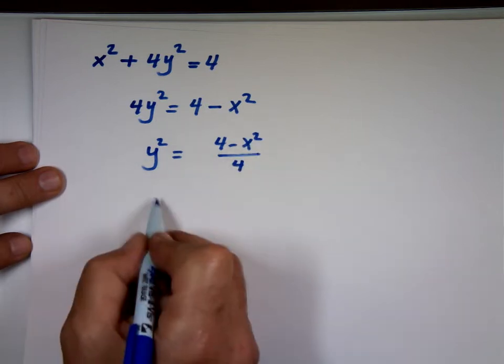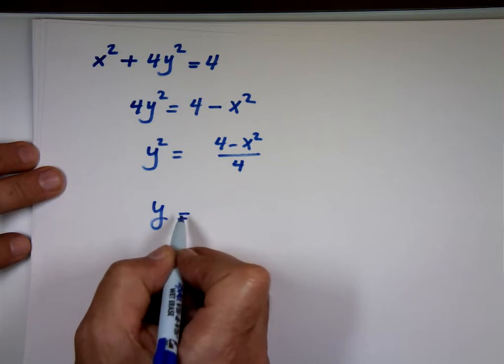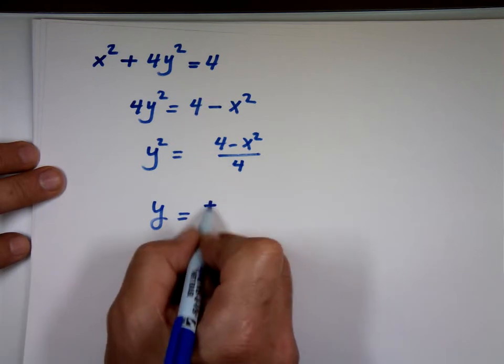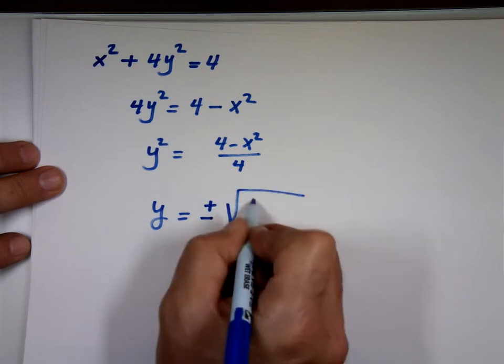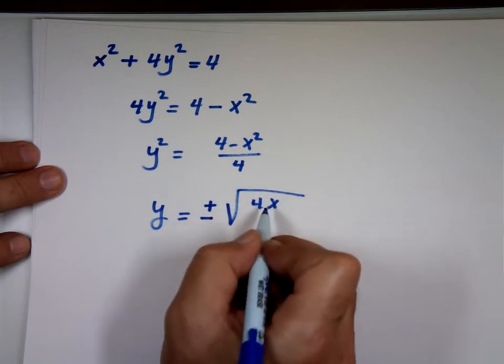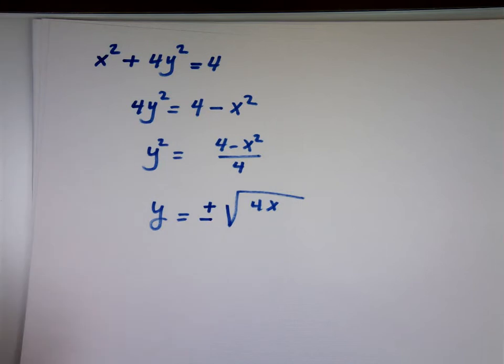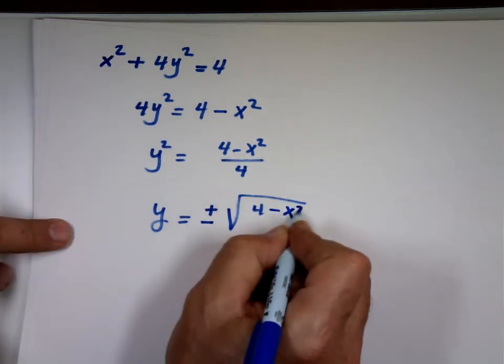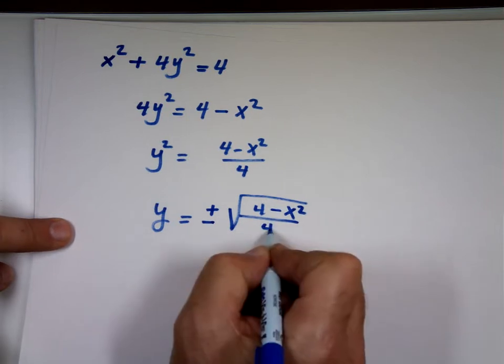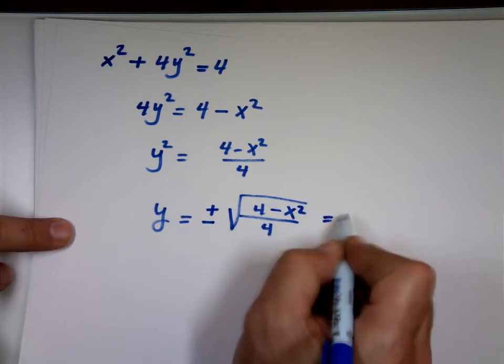And to solve for y, what do you do? Could be either plus or minus. Could be either one. The square root of that. 4 minus x squared, which, that 4 here gives me a 1/2 in the front.